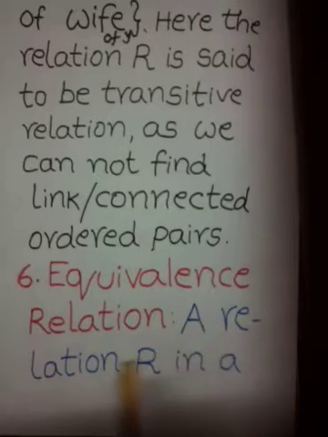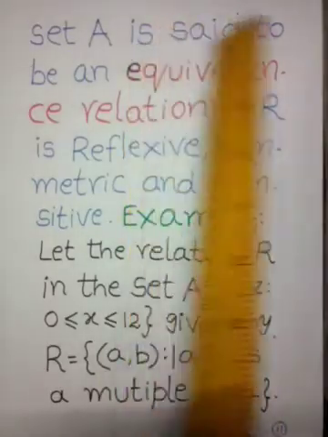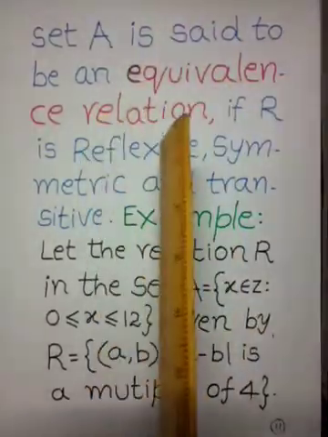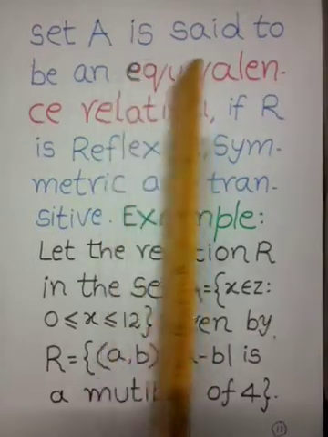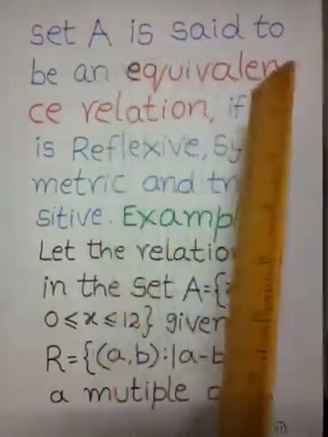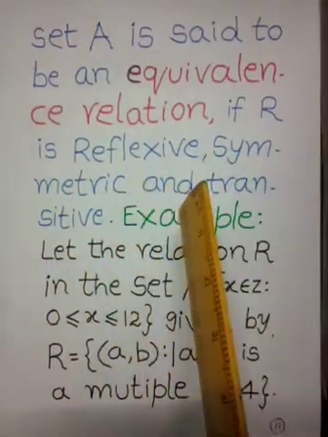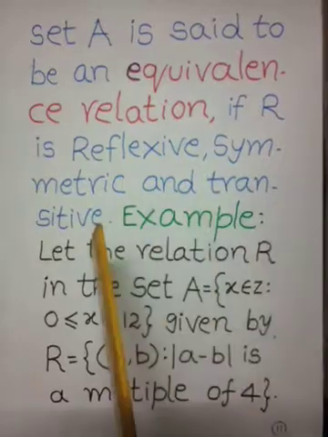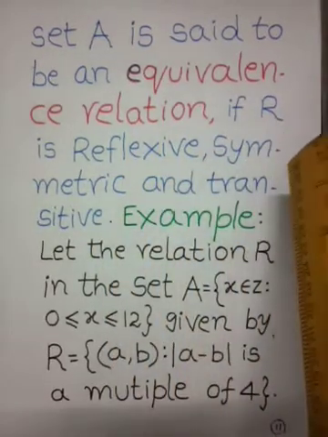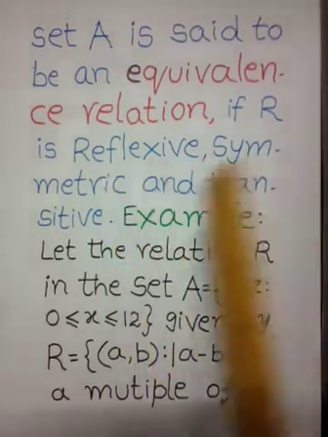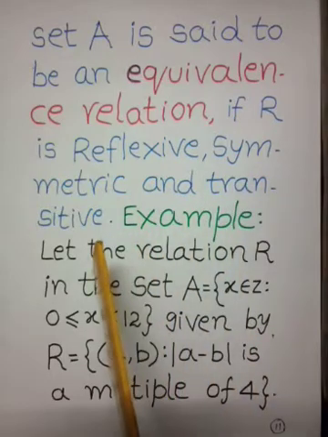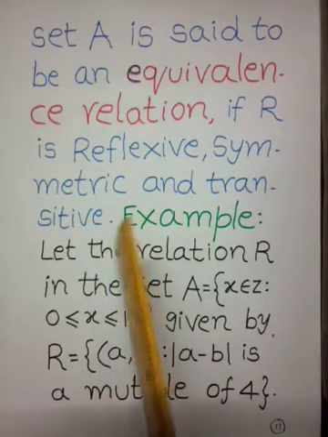A relation R in a set A is said to be an equivalence relation if R is reflexive, symmetric and transitive. If a relation R is reflexive, symmetric and transitive, then the relation is said to be an equivalence relation.